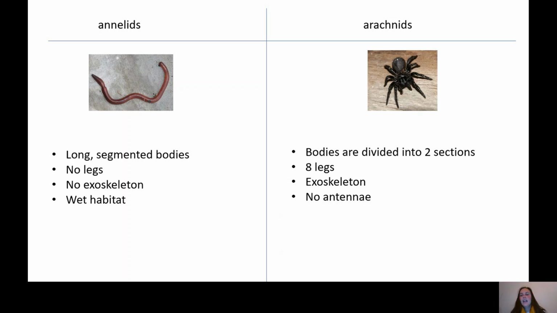All right, so I'm just going to give you 10 seconds just to think about those 4 groups that we have looked at so far. So we've looked at insects, we've looked at mollusks, we've now looked at annelids and arachnids. Okay, so 4 different types of invertebrates.